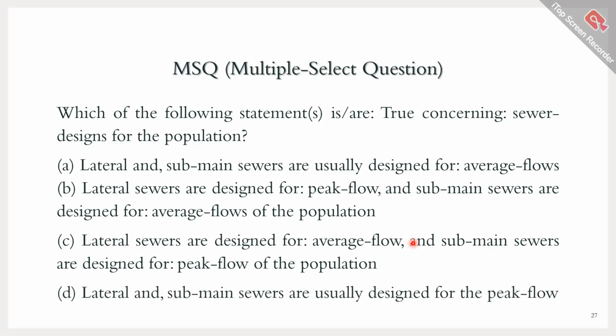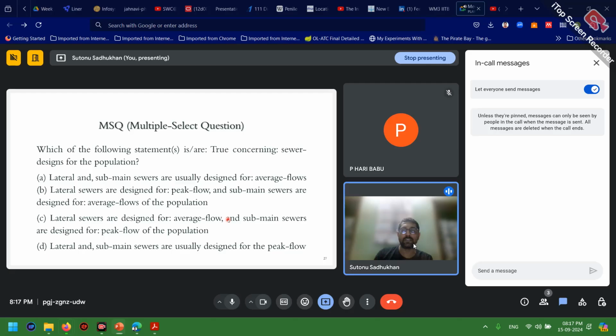Option D, lateral and submain sewers are usually designed for peak flows of the population. So both are designed for average flows, both are designed for peak flows, or one is peak flow and another is average flow. Which one is correct? That you have to tell. Or more than one option may be correct also because it's an MSQ.